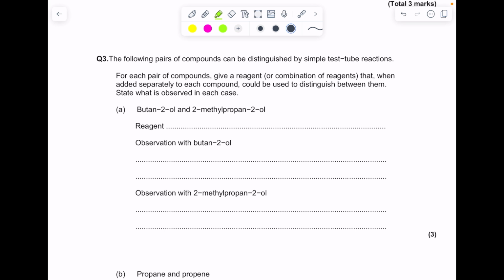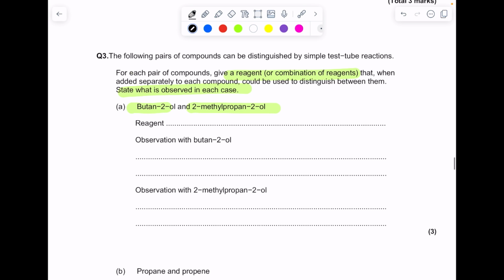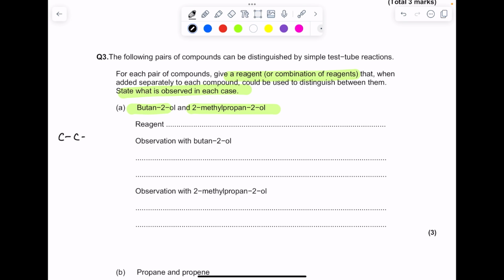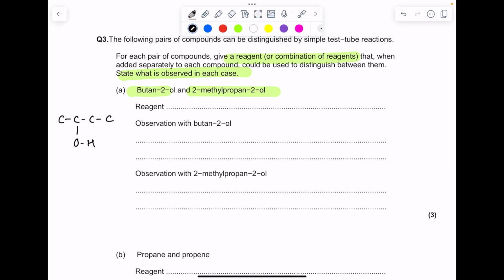The following pairs of compounds can be distinguished by simple test tube reactions. For each pair of compounds, give a reagent or combination of reagents that, when added separately to each compound, can be used to distinguish between them. State what is observed in each case. So we have butan-2-ol and 2-methylpropan-2-ol. So just quickly draw those out. I'm not going to draw the whole thing, but I just want to get an idea of where the functional groups are. So we can see that that's the secondary alcohol.